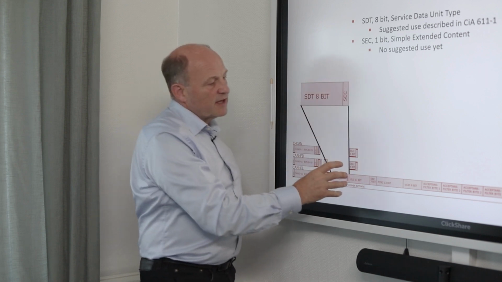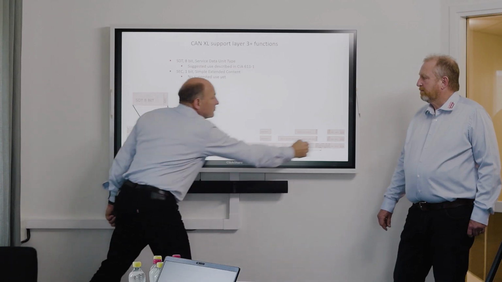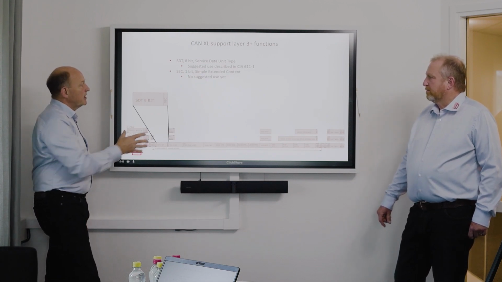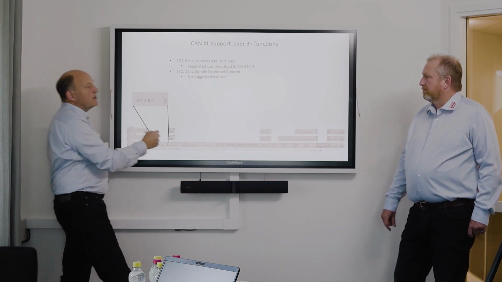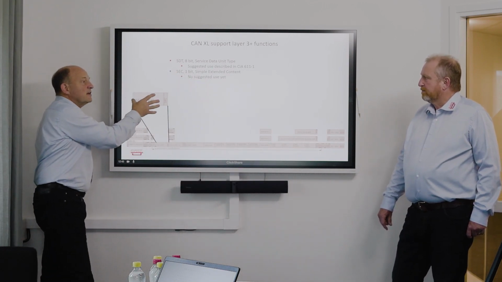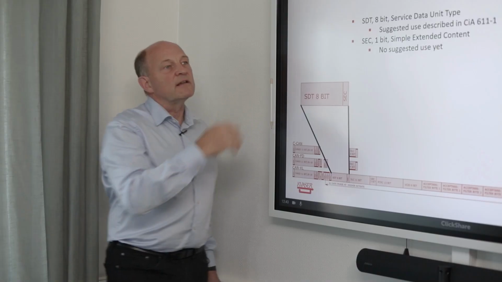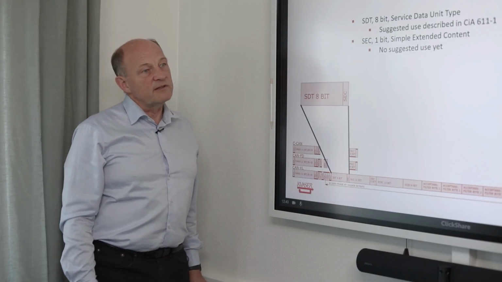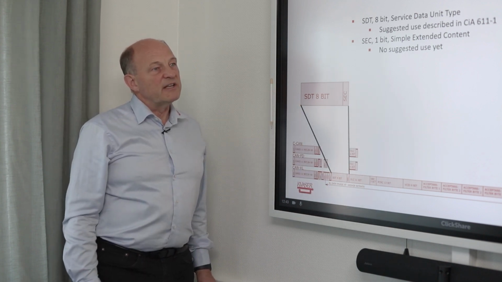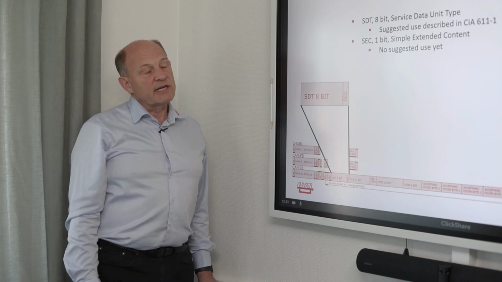You can say this is a J1939 frame, and then you know that the information here contains J1939 information, or it's CANopen, and then you know that this is CANopen information, or it is an Ethernet frame, then you know there is an Ethernet frame. So that's the philosophy of this byte here. And the bit here is just a fast bit, just 1 bit that can switch between 2 protocols, like CANopen and J1939.